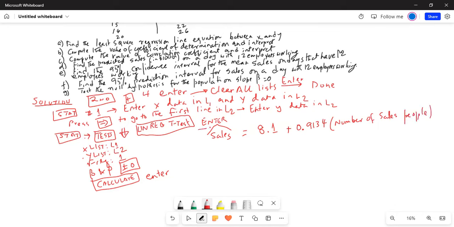So this is the equation of the least squares regression line.